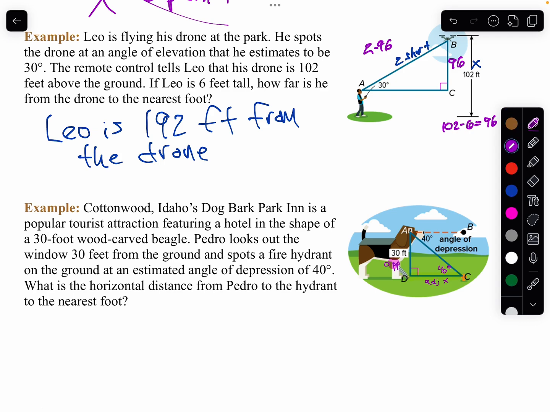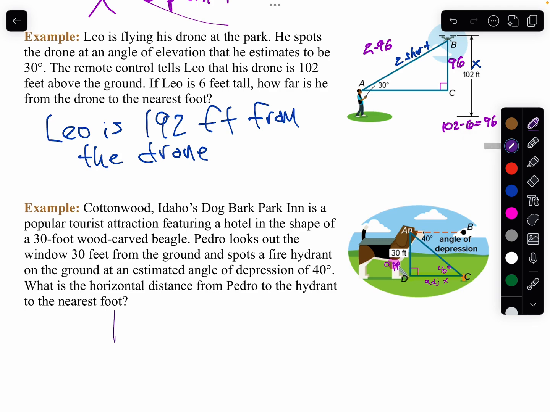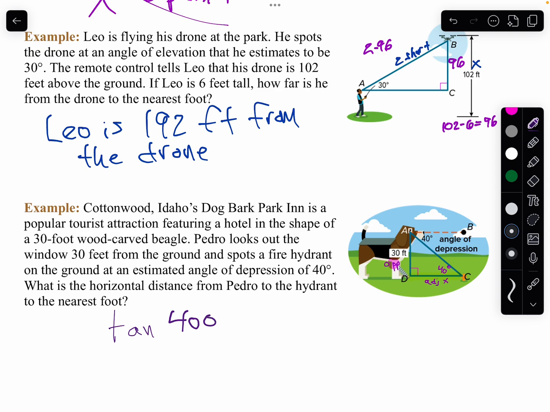So we're going to say the tangent of 40 degrees equals the opposite, which is 30, over x.